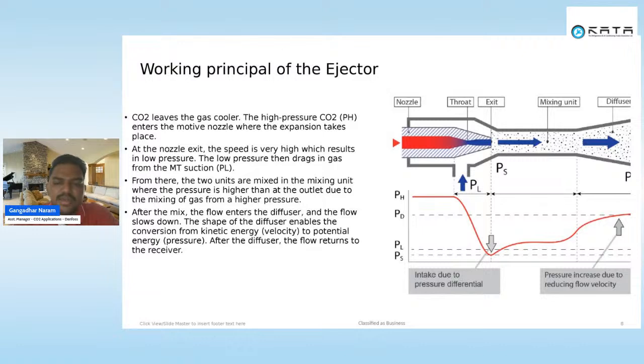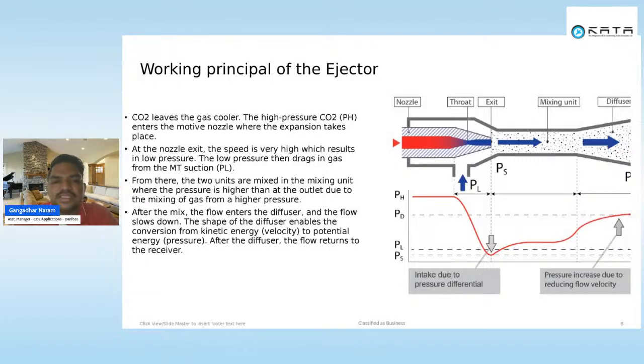When these two gases enter my ejector, the outlet of the ejector comes out at one intermediate pressure.